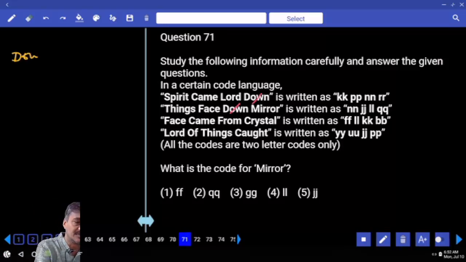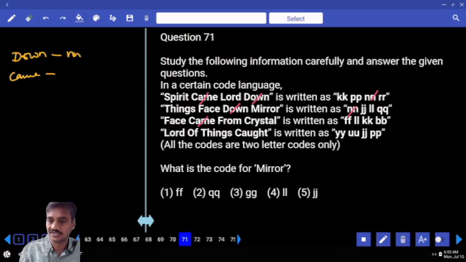As down is the word that is common, the code that is common between these two is NN. Then the code for down is NN. And compare the first and the third, spirit came lord, and came is the word that is common between these. As came is common, the code that is common between the first and the third is taking. And came is taking.